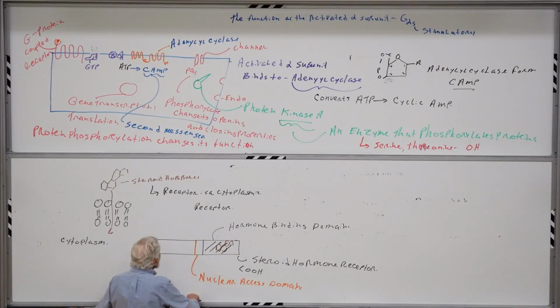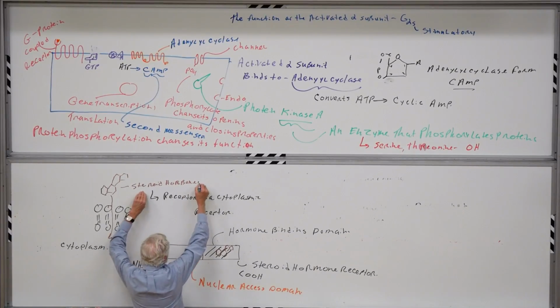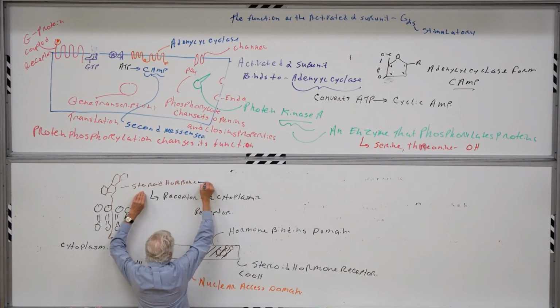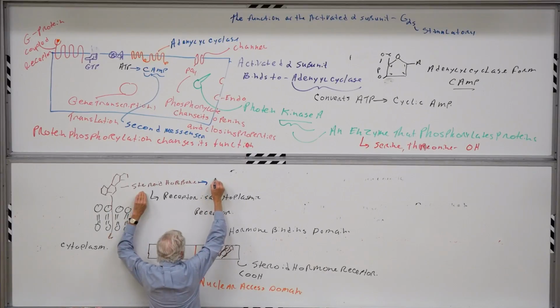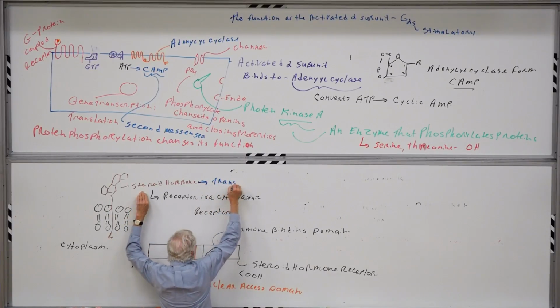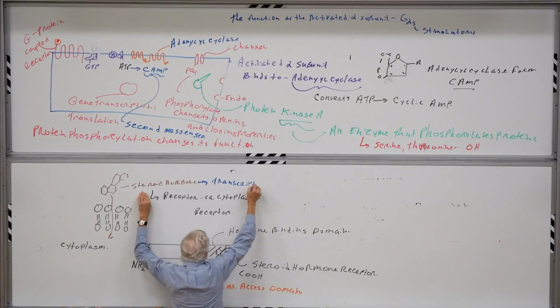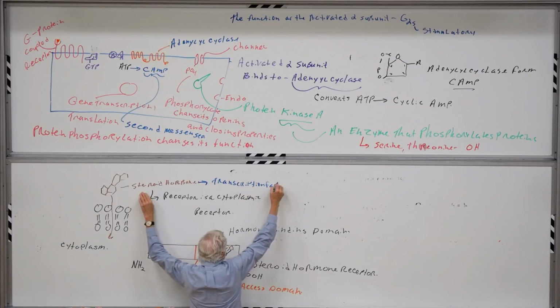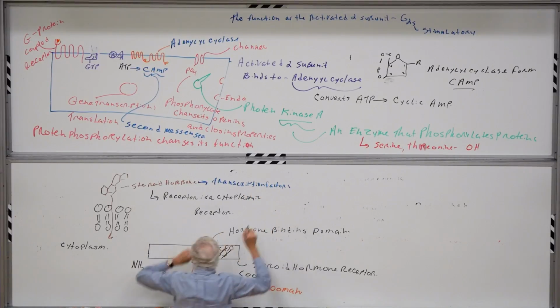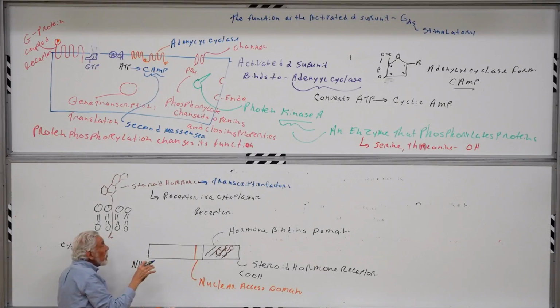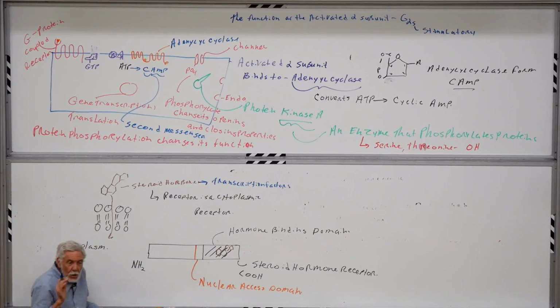Now, you'll remember from last time that these steroid hormones are classically serving as transcription factors. And as transcription factors, they have to get into the nucleus. If they're going to be a transcription factor, remember, all transcription comes from DNA that has to be nuclear.